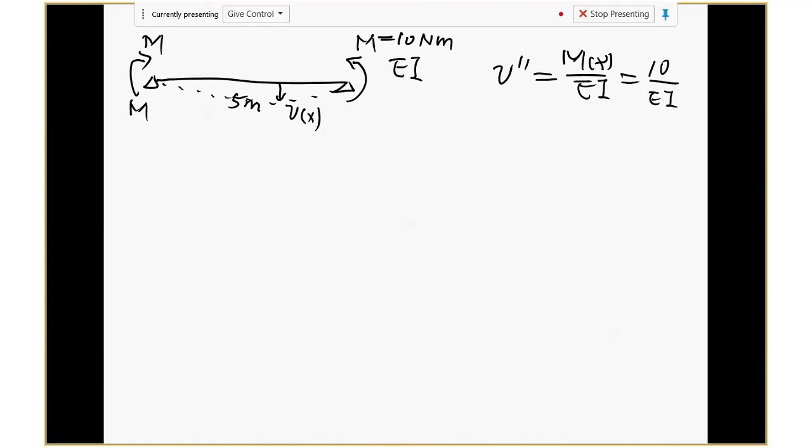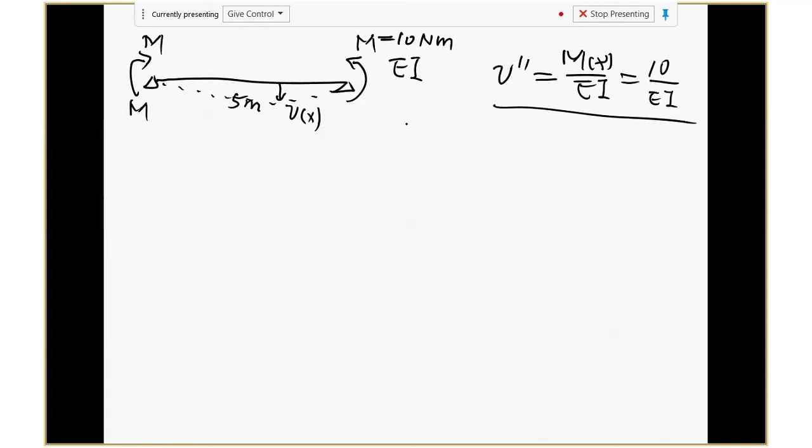Tell me what to do. How do we find V from this second order differential equation? Integrate. Let's integrate on both sides.